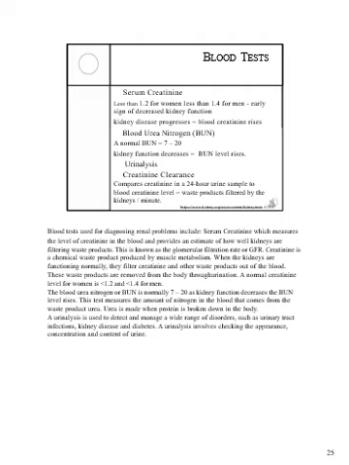Urea is made when protein is broken down in the body. A urinalysis is used to detect and manage a wide range of disorders such as urinary tract infections, kidney disease, and diabetes. A urinalysis involves checking the appearance, concentration, and content of urine.